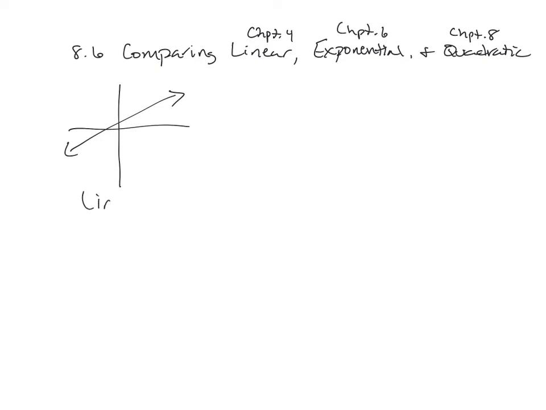And so we have linear graphs, which linear is a line. So that should make sense. And we have exponential graphs. They're just kind of a curve. They don't turn back. If they're up on one side, they're not going to be down on the other side.